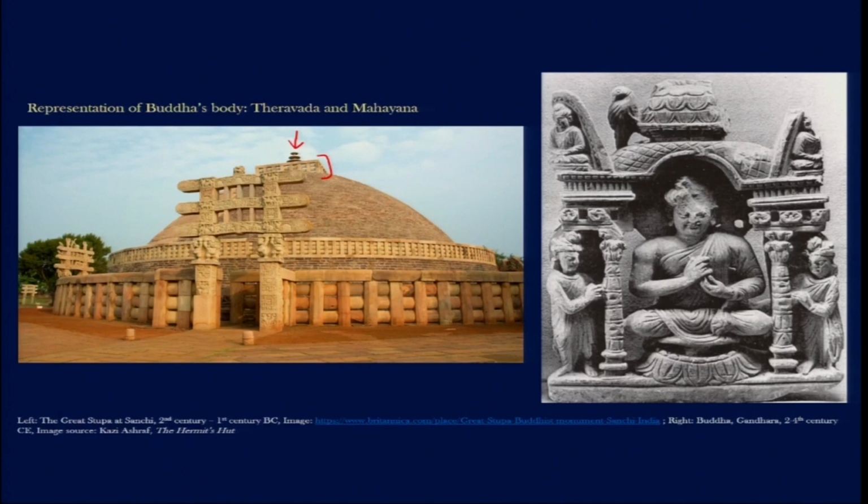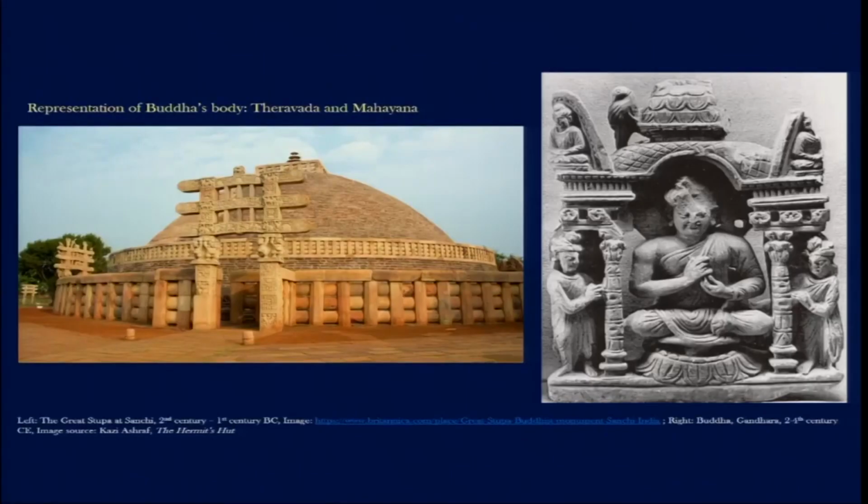So these are some of the characteristic features of these built structures that we find in the Theravada context, and in the Mahayana context we also find that some of the structures that we have spoken about relate to Buddha's body. So the stupa and this relic box or reliquary come to represent Buddha's body in a symbolic form.